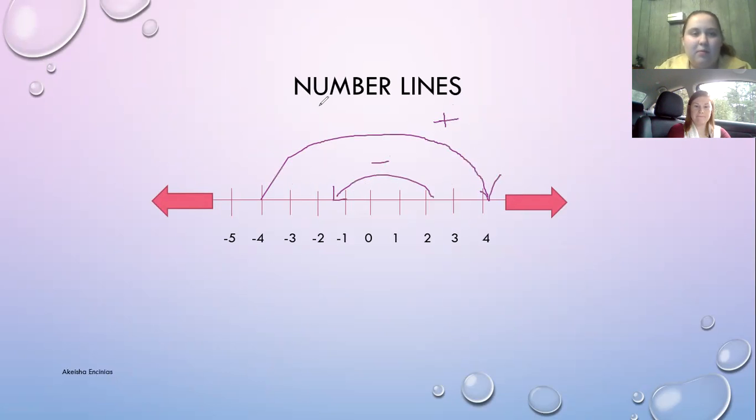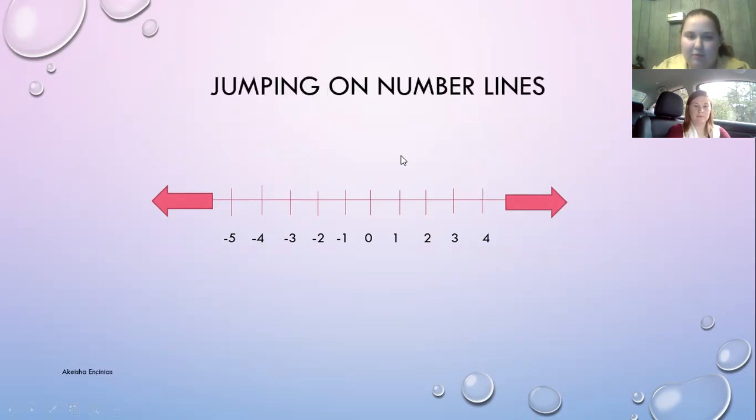And that's going to bring me to my next point of jumping across number lines. Okay, here we go. So, thinking about jumping on number lines, it's math. You have two terms to think about here. Position is where you're starting from. And then your jump is the process of you moving.